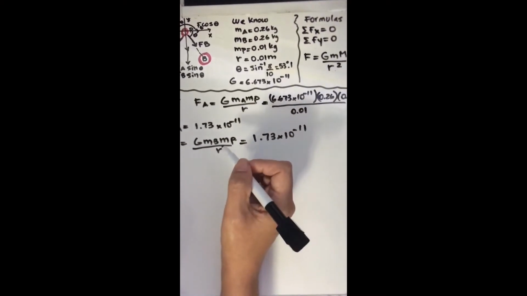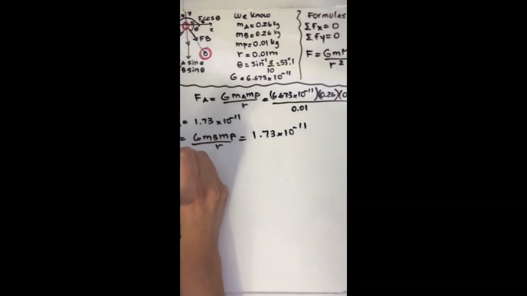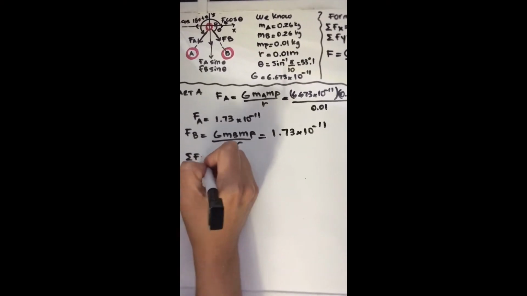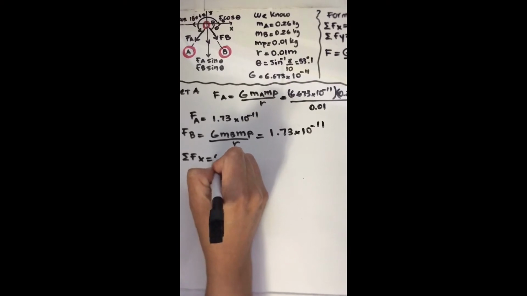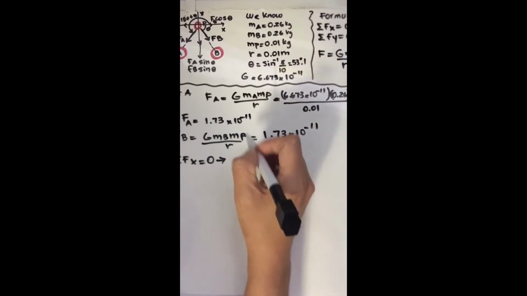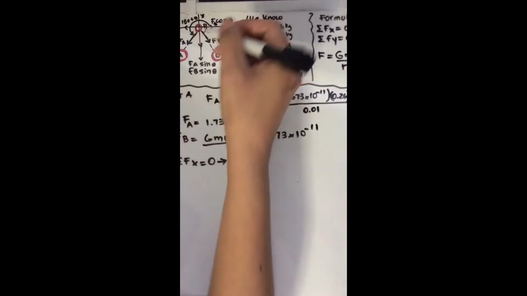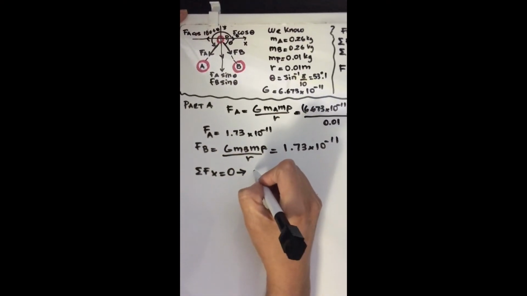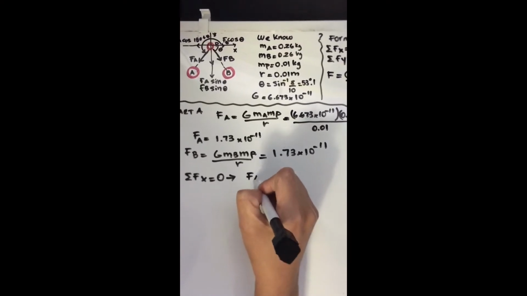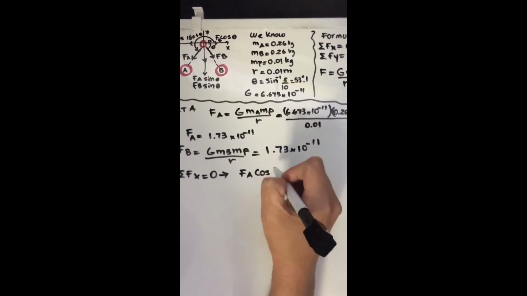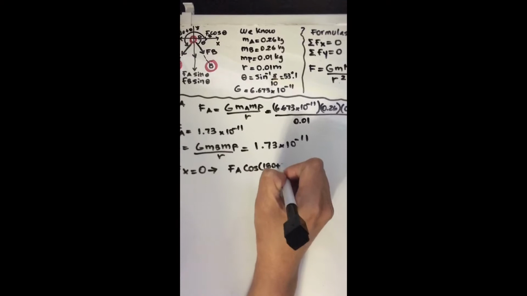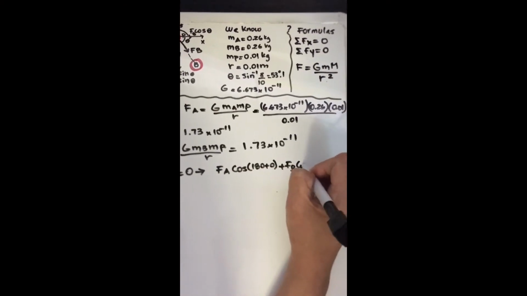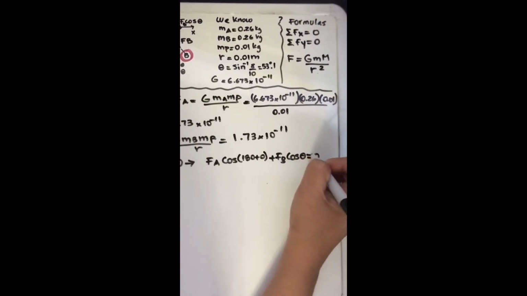Then using Newton's second law, we know that the summation of forces in the x direction is going to be equal to 0. We have this force over here and that force over there, which is equal to F_A times cosine of 180 degrees plus theta, plus the force of B times cosine of theta equals 0.